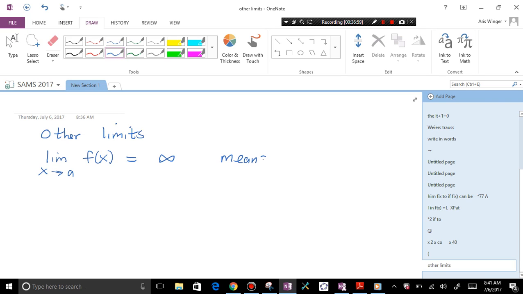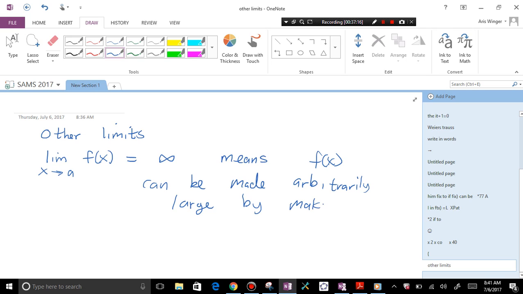In words, this means that f of x can be made arbitrarily large by making x sufficiently close to a.